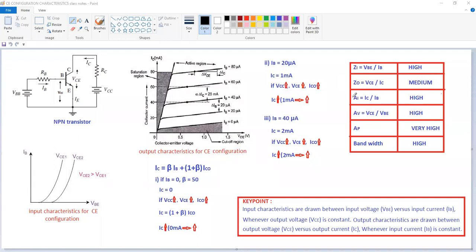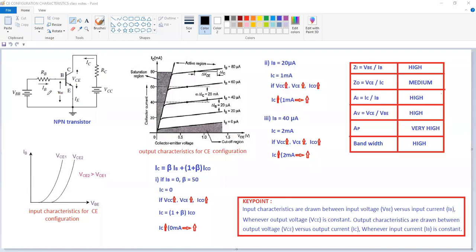Similarly, the current gain is the ratio of output current to input current. Gain is dependent on the output quantity to the input quantity. Here the current gain is IC by IB.